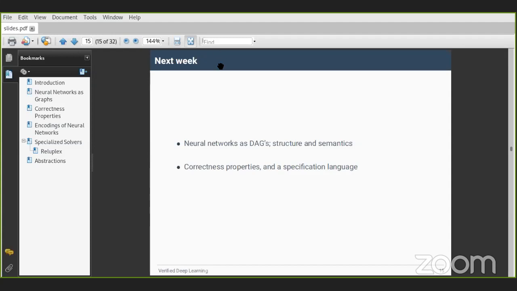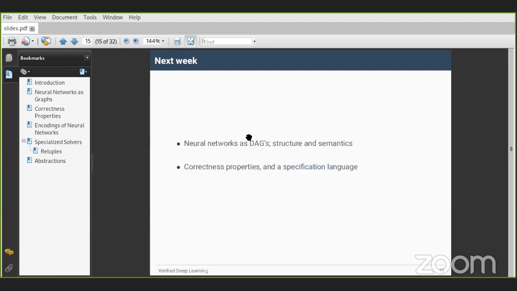Hi, everyone. So we'll take it up from where we had left last week, where we looked at neural networks from the verification angle. We realized that we have to study these artifacts, which are nothing but those created out of a machine learning algorithm, where you train something into a neural network to solve a problem.